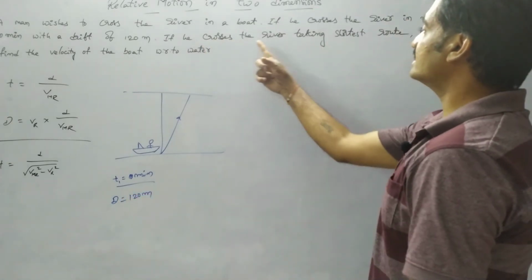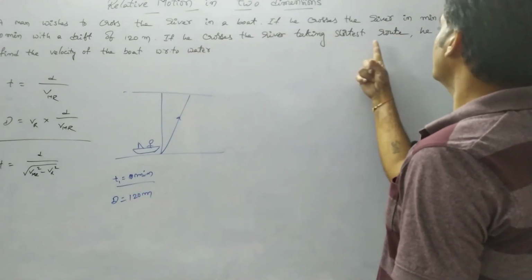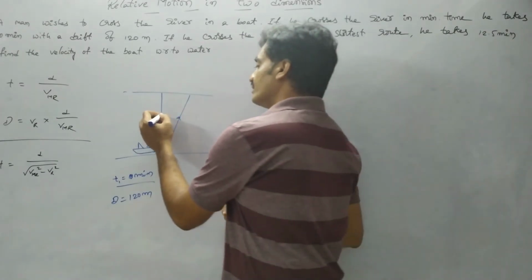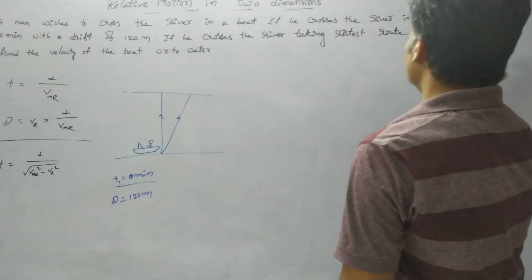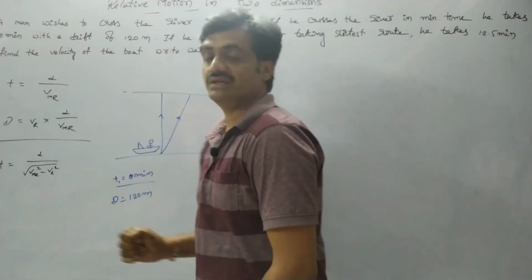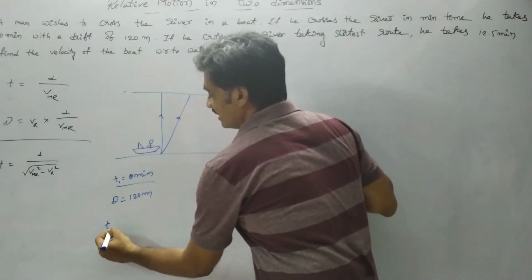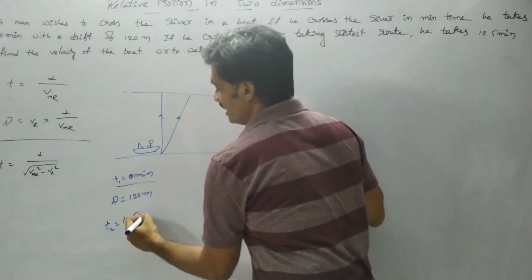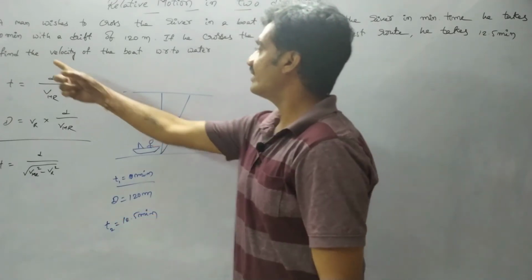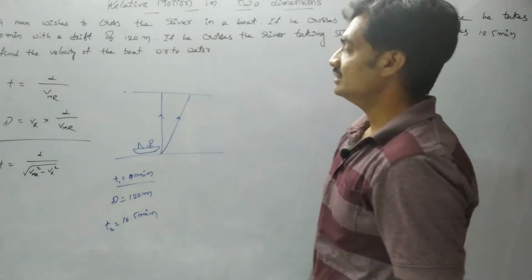If he crosses the river taking the shortest route, he takes 12.5 minutes. So the time taken by the man to travel in the shortest path is 12.5 minutes. Then find the velocity of the boat with respect to water.